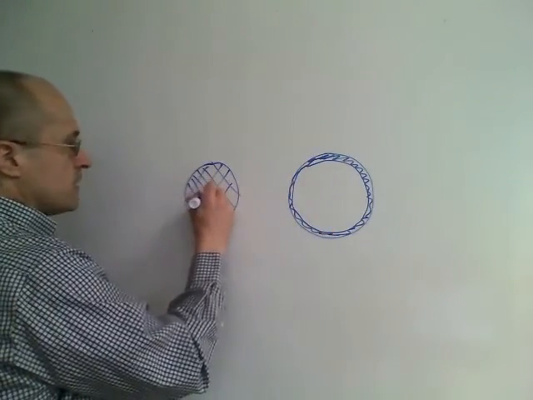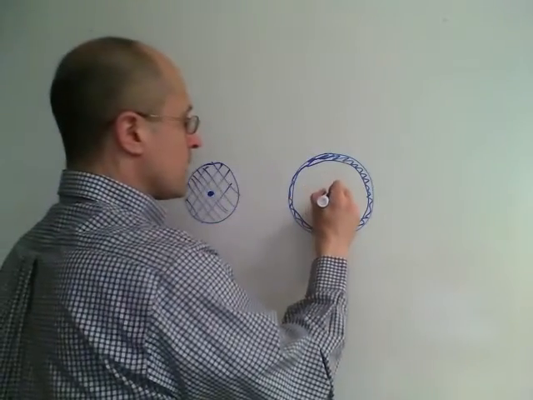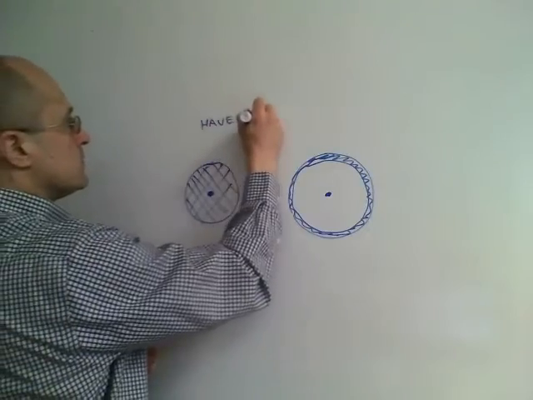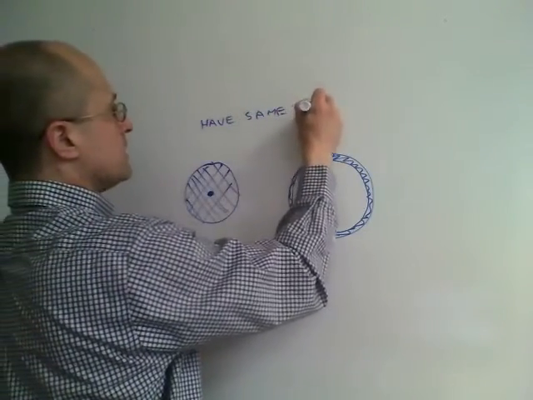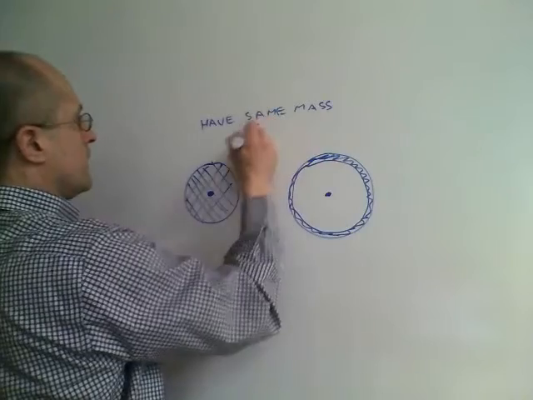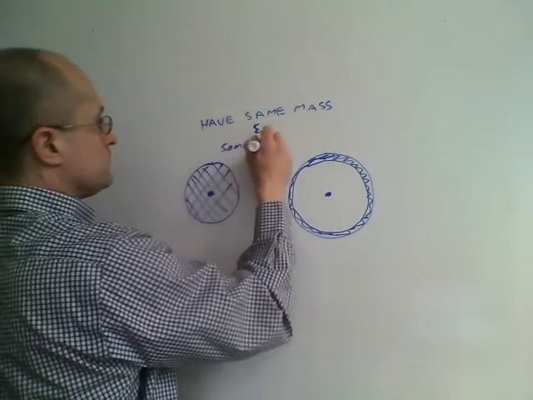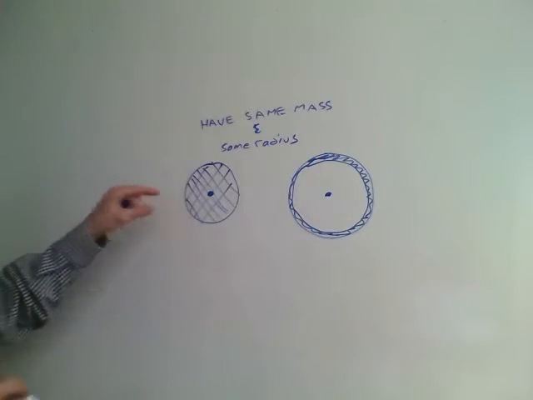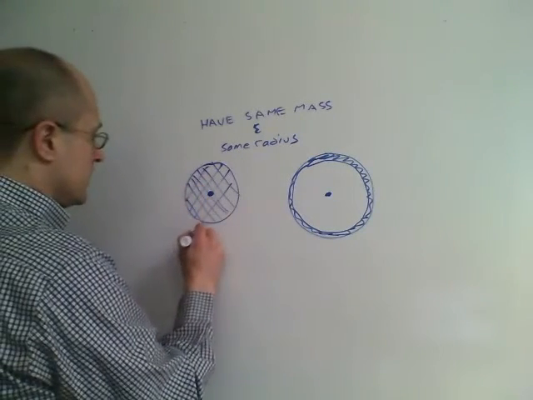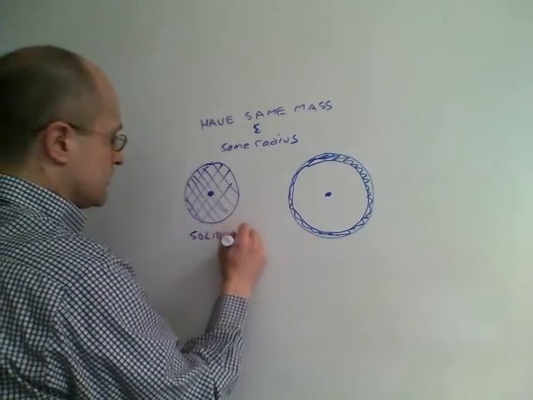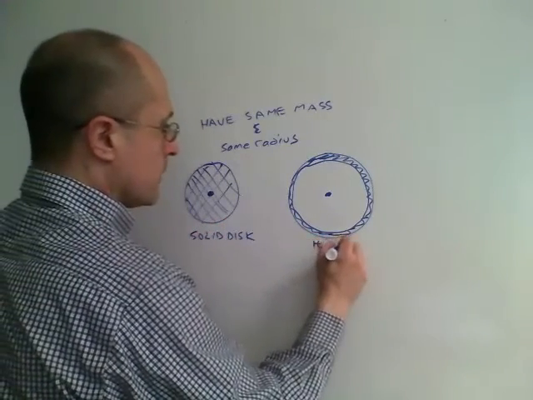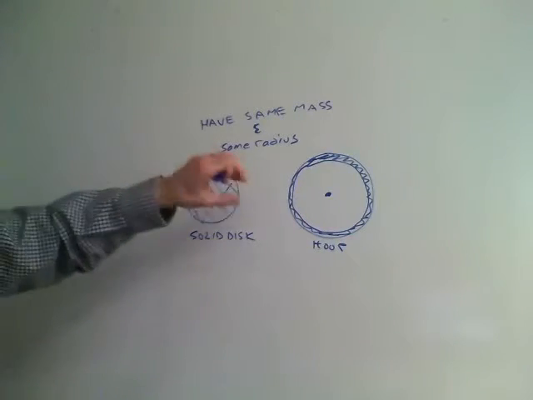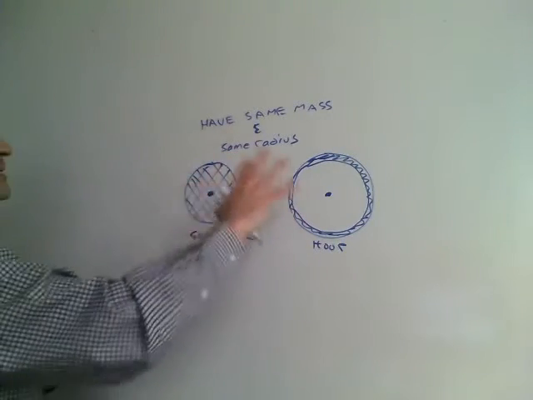Now, if the center of rotation is there, and both of these have the same mass and same radius, what it turns out is this, a solid disk and the hoop.